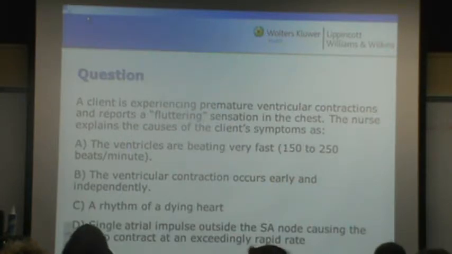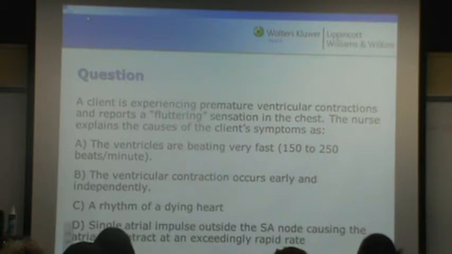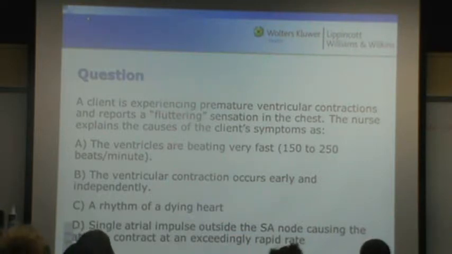All right. The client is experiencing premature ventricular contractions and reports a fluttering sensation in the chest. The nurse explains the causes of the client's symptoms as A, the ventricles are beating very fast, 150 to 250 beats per minute. B, the ventricular contraction occurs early and independently. C, it is a rhythm of a dying heart.